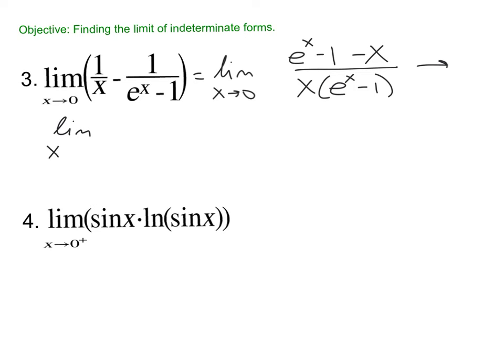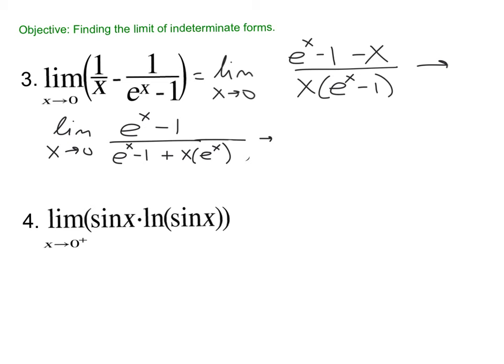Limit as x approaches 0, e to the x minus 1 all over e to the x minus 1 plus x e to the x. Derivative of the first. Oh, there's no plus 1 in there. Plus 1 goes away. All right, so now let's see if we plug in 0, we get 0 over 0 again.